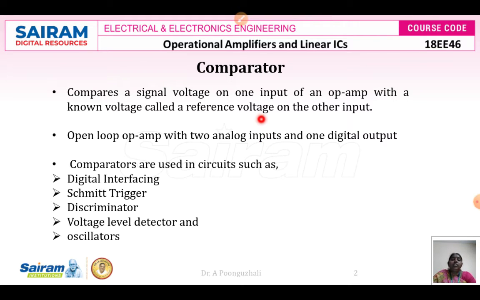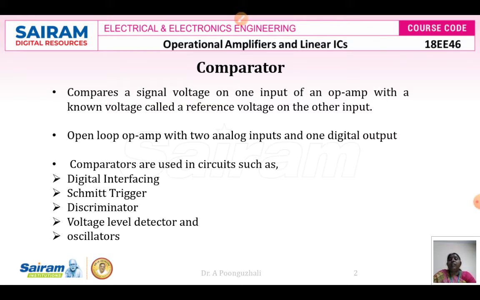Based on these voltages, you are going to get your output voltage at either plus Vsat or minus Vsat. Here we say that the open loop op-amp, your comparator, is going to operate in open loop configuration, and two analog inputs are going to be given and one digital output is going to be obtained.